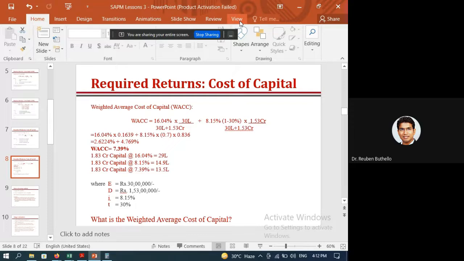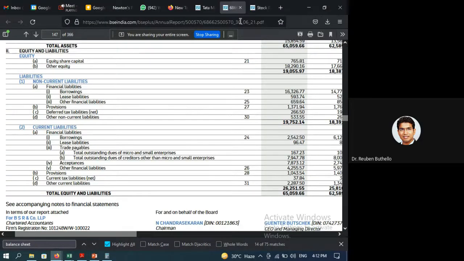But if you look at the actual statement of Tata Motors, equity is almost 50%, and debt is almost 50% of the total capital. Yes or no? Can you see it? Equity is totally around 19,000 crore and debt is also around 19,000 crore. Do you all see that? Yes, sir. It's 50-50.